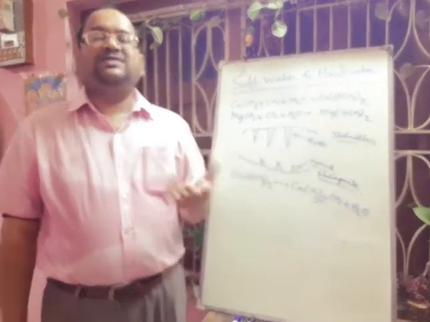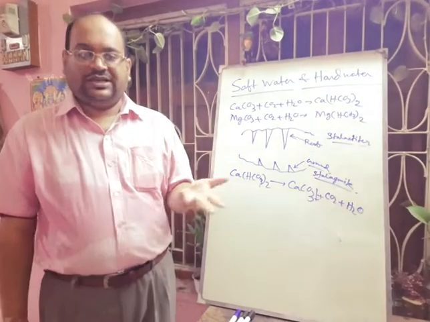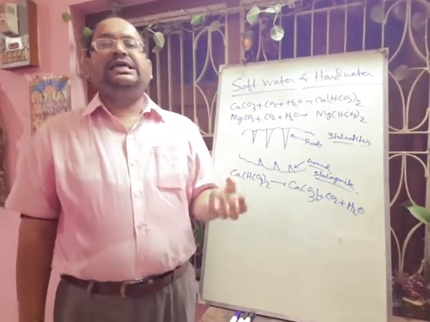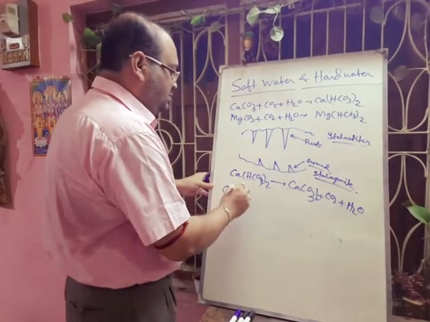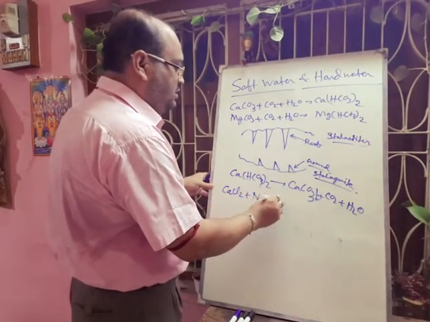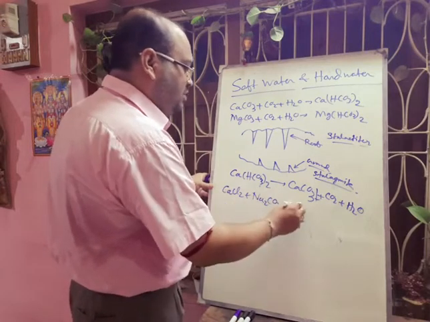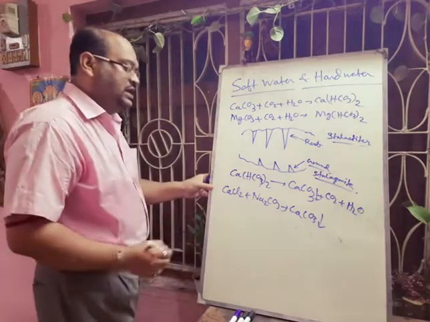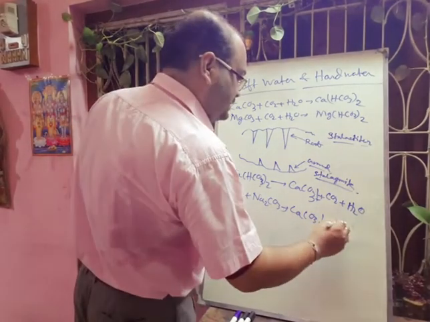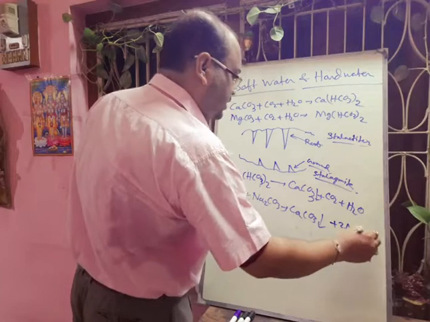Now the washing soda formula is Na2CO3.10H2O. So whenever you are adding sodium carbonate, suppose calcium chloride is present, what will happen? This calcium will precipitate as calcium carbonate, and there will be formation of NaCl. That is soluble in water, no problem.